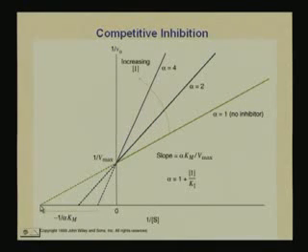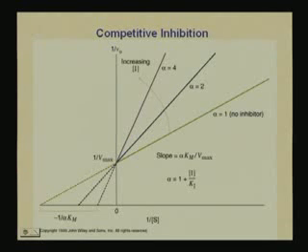This is my original minus 1 by Km. We increase the slope with inhibitor, right? Now, if I add more of the inhibitor, the slope is going to increase even further because my Km is going to increase even more, right?